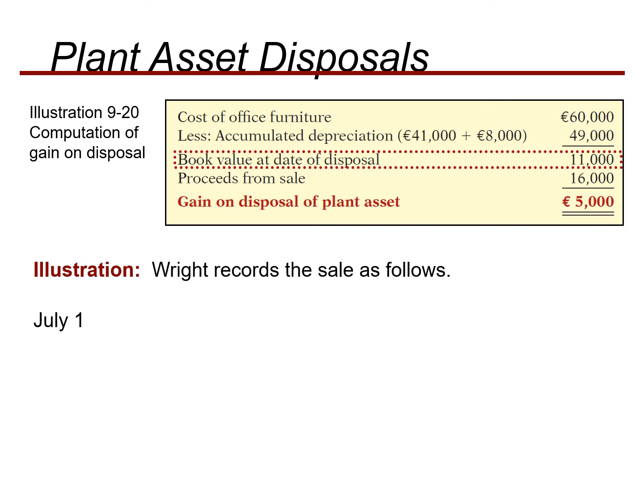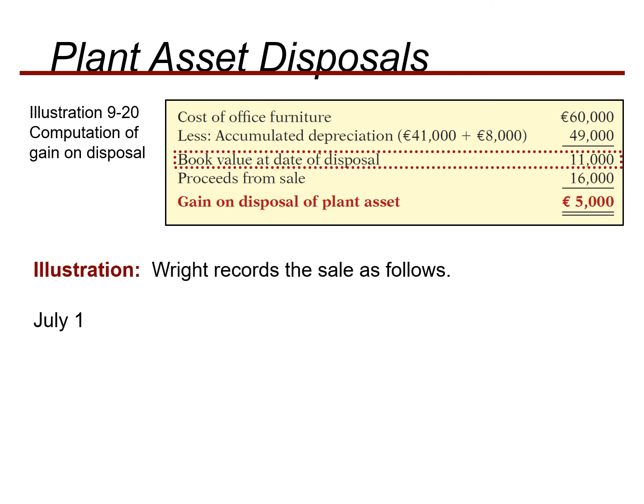We deduct this from the total cost of your office furniture, 60,000 minus 49,000, so we get the book value, which is 11,000. The proceeds you get from the sale of that asset are 16,000. When you deduct 11,000 from 16,000, you get a 5,000 difference, and you are getting 5,000 more. That means that while you are selling this asset, you gain from that transaction.